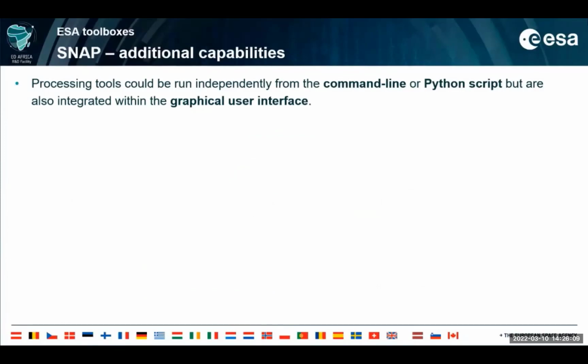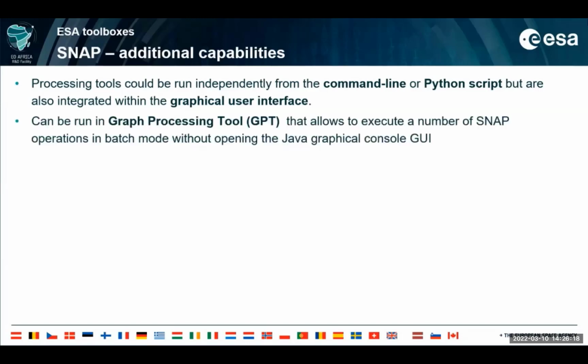Moreover, processing tools which I demonstrated to you before in the graphical user interface could be run also independently from the command line or Python script. SNAP can also be run in the Graph Processing Tool, GPT, that allows to execute a number of SNAP operations in batch mode without opening the Java graphical console.